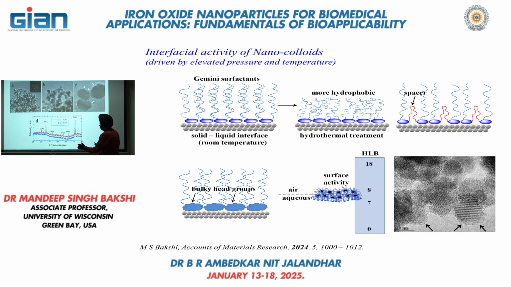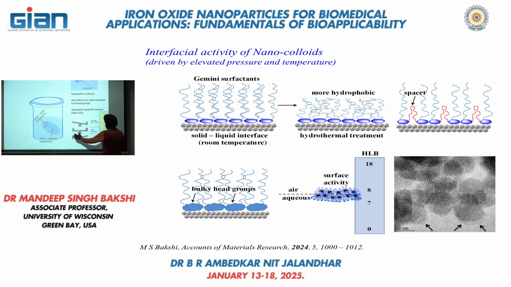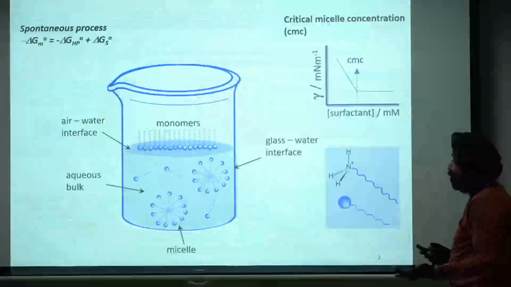The way I told you that a surface active molecule, when the polar and the non-polar functional groups have compatibility that provides the amphiphilicity somewhere close to this HLB number, becomes surface active, exactly the same way.